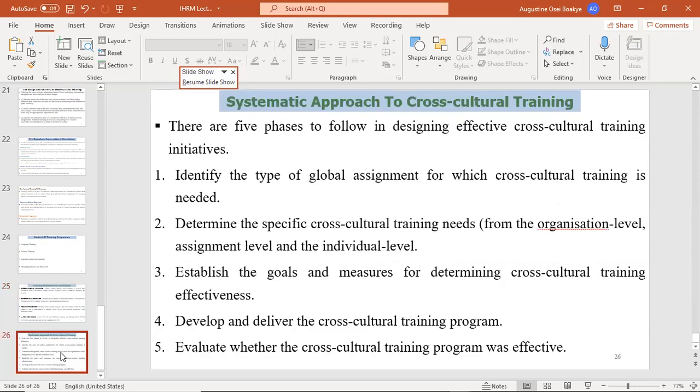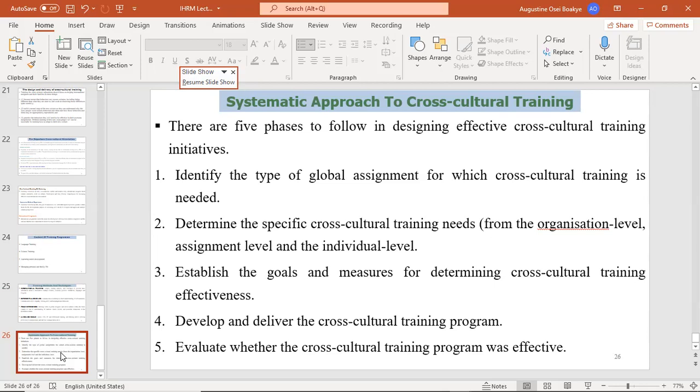Now, research indicates that to design an effective cross-cultural training program, there are 5 phases that one needs to follow, and these phases are systematic. In other words, you cannot start from step 1, then you go to step 5, then you come to step 2.